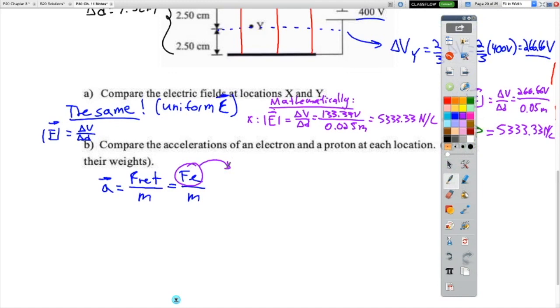Okay, and again, we have the electric field, we have the charge. We could even also start over here if we wanted.